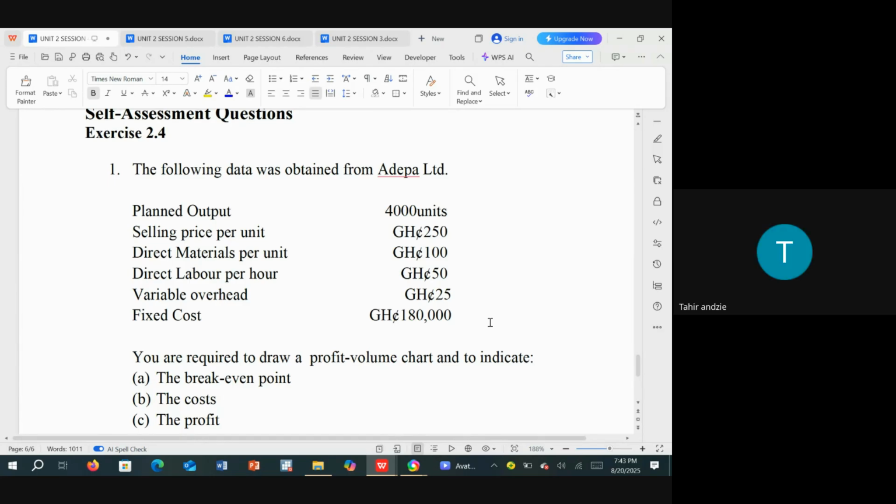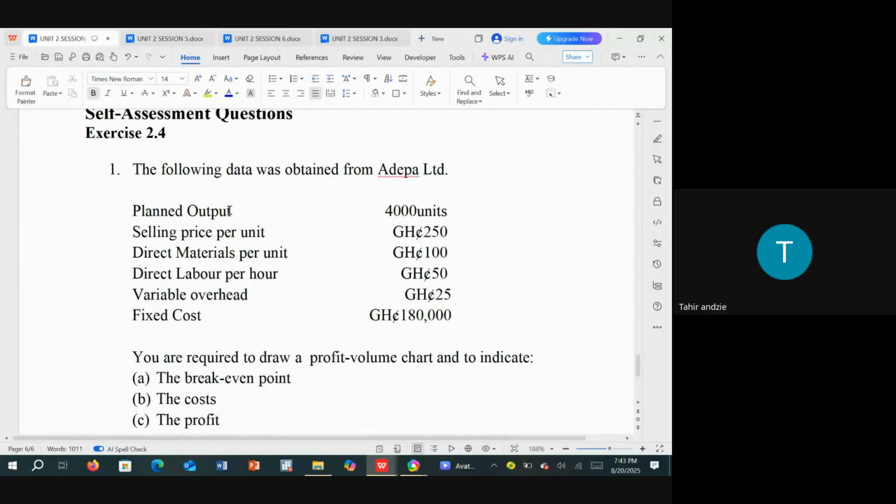So what should be the variable cost per unit in this question? It's four cedis. Yes, sir.